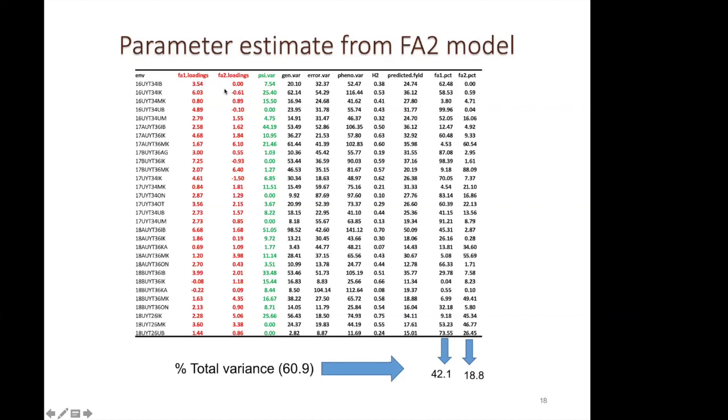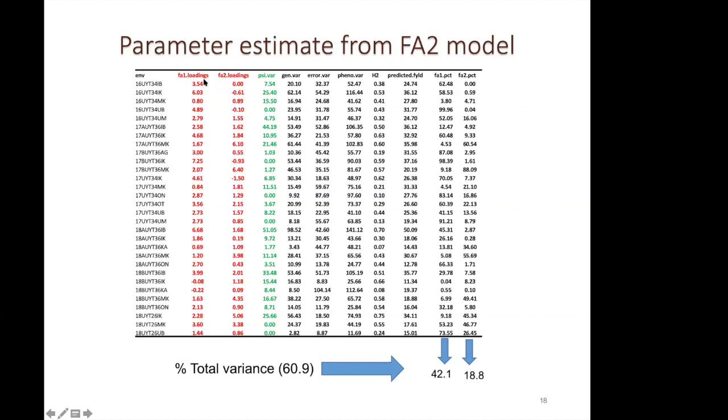One good thing about this factor analytic model is that when you have information about environmental covariables like precipitation and temperature, you can look at the correlation of those environmental covariables with these latent common factors to identify which environmental covariable is very relevant in explaining G by E interaction.